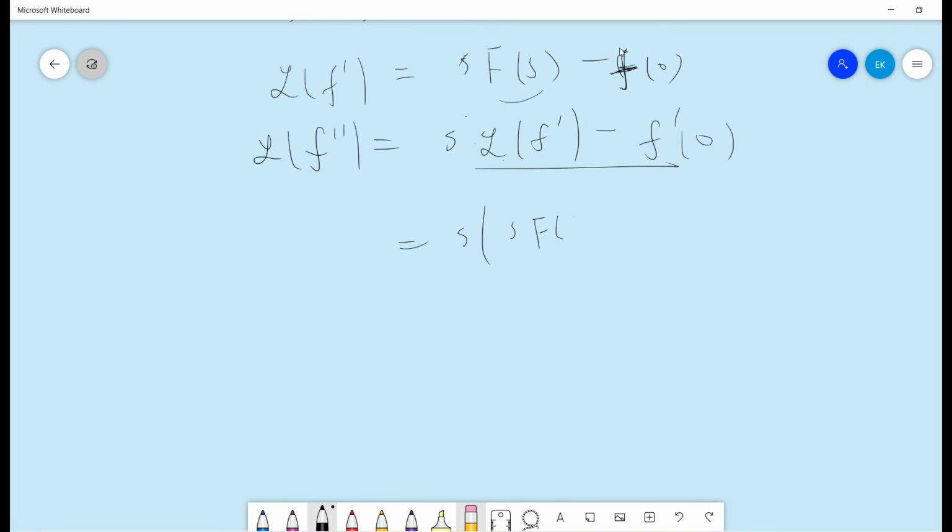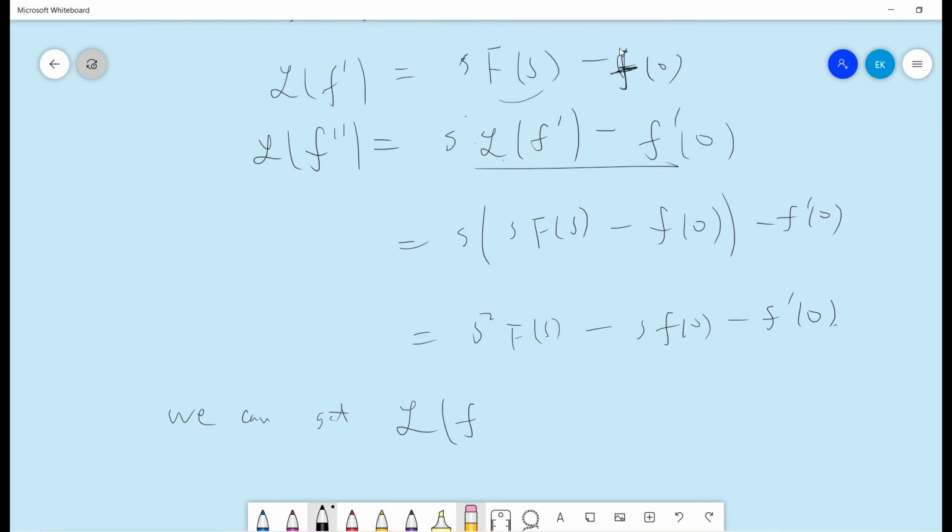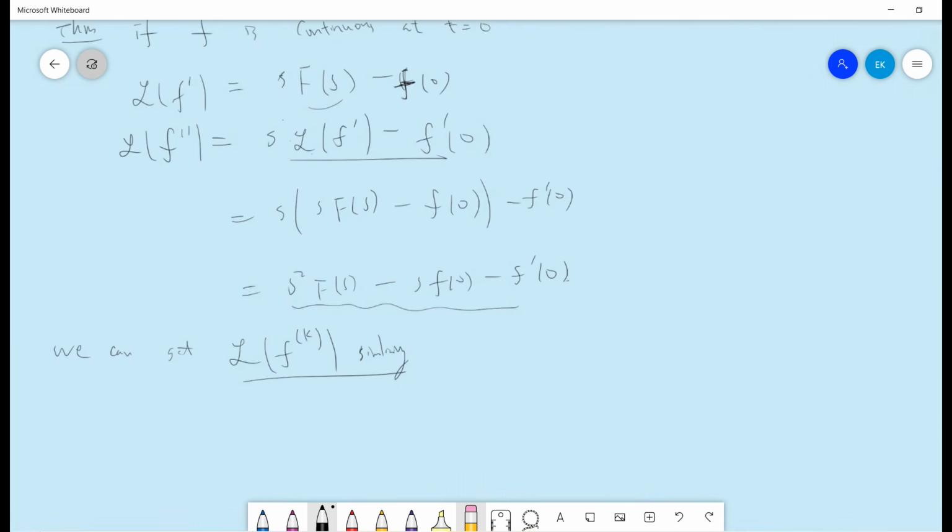So s times the transform of f prime is s F of s minus f of 0, and then minus f prime of 0, so this gives you s squared F of s minus s times f of 0 minus f prime of 0. Similarly, you just keep doing this formula and you will get the results.